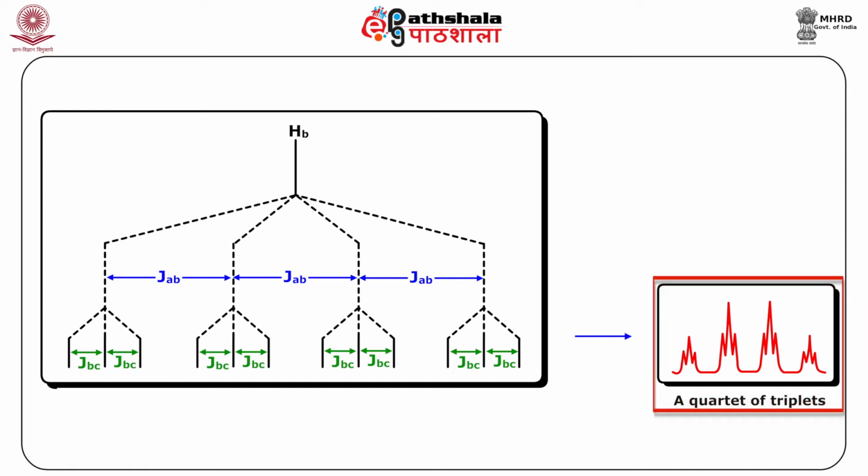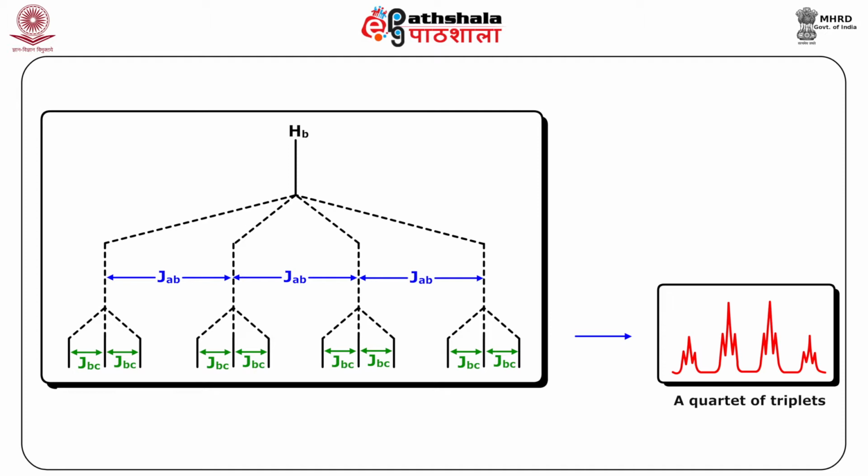Now you can see this figure clearly in this explanation. You can see the quartet of triplets clearly displayed here with different coupling constants also. Now the appearance of the signal depends greatly on the J values.